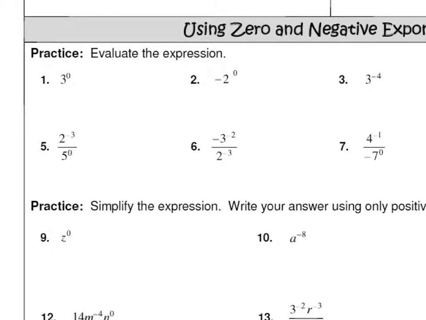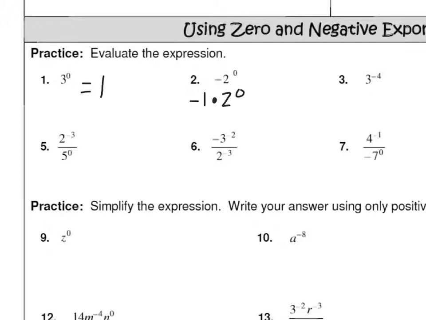Okay, so as we learned, 3 raised to the 0 power, anything raised to the 0 power is 1. Now on number 2, this is kind of weird, so I'm going to explain it to you. This is really negative 1 times 2 raised to the 0 power.